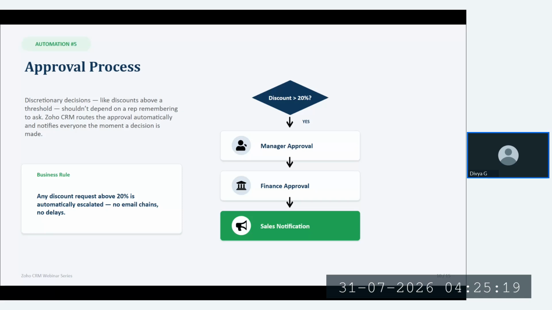Based on certain fields, if that field is approved only, the manager should check if the certain fields are received from the lead, from the customer side. Once it is done, they have to manually mark them as verified or approved. Then only they can move. The lead can be qualified to the next stage.